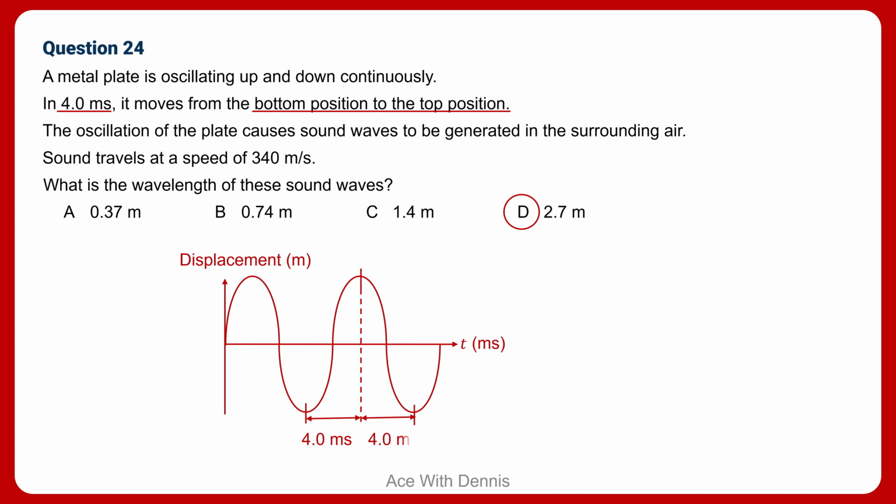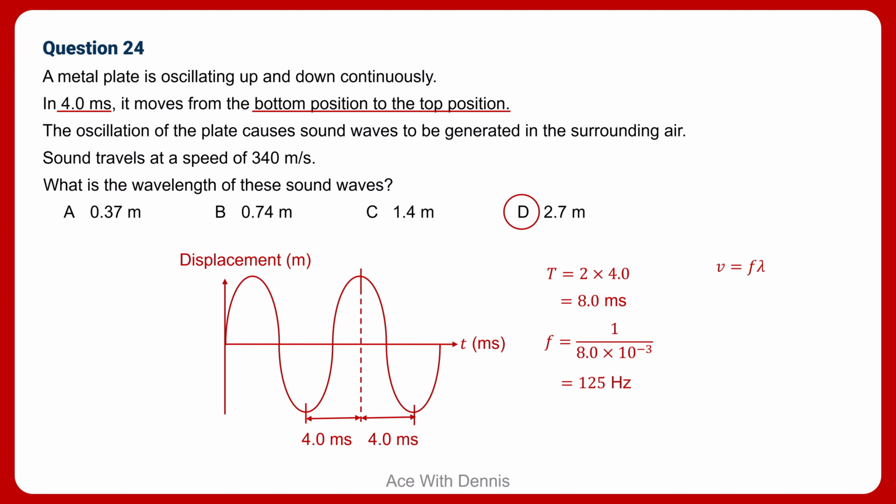Here is another 4.0 milliseconds. So the period will be 2 times 4, which is 8.0 milliseconds. From here, we can calculate the frequency, which is 1 over 8.0 times 10 to the power of negative 3, and we'll get 125 Hertz.